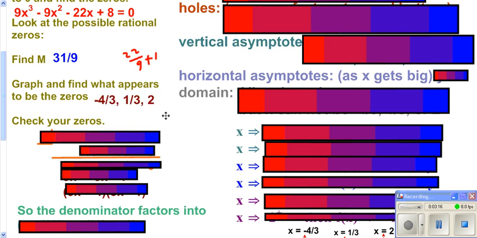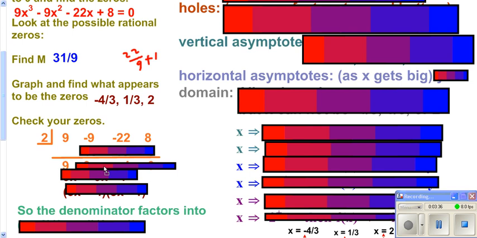When we look at our graph then, we get a negative 4/3, a 1/3, and a 2 that appear to work. It's easiest to try the 2. So we're going to try 2 into your equation right here using synthetic division.